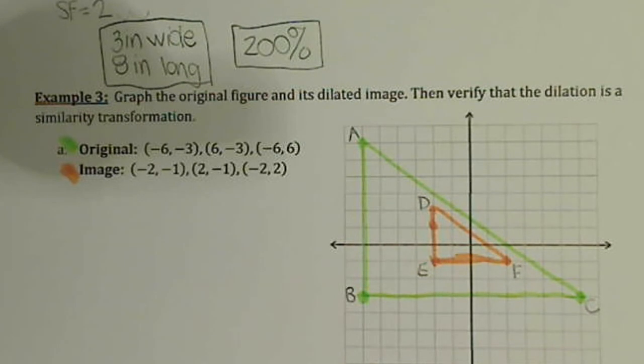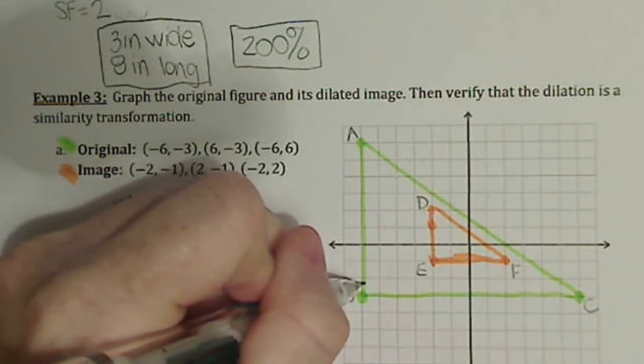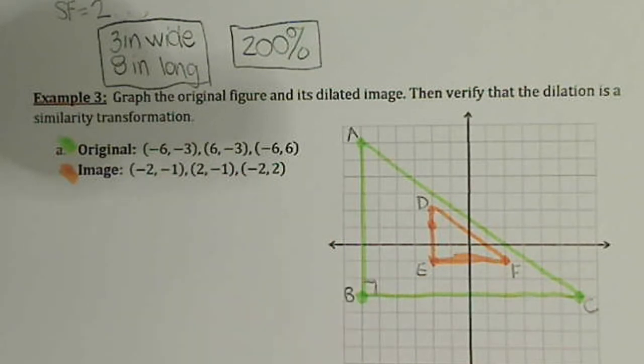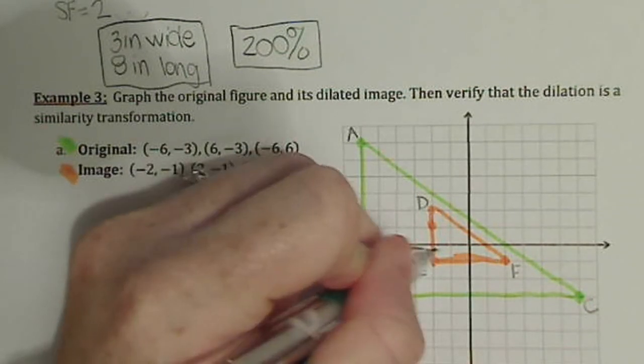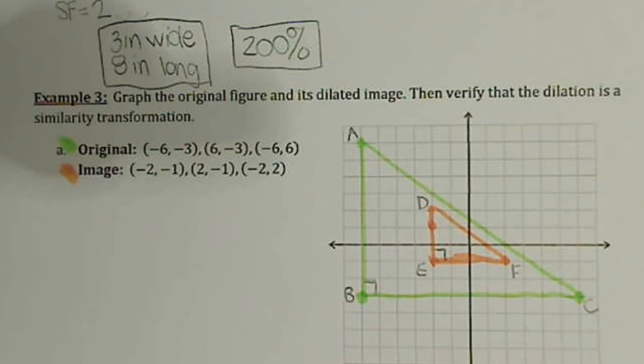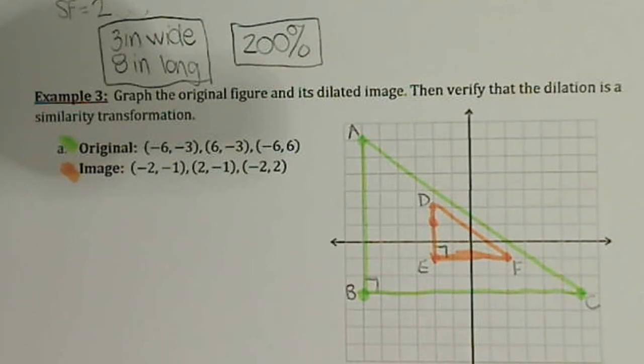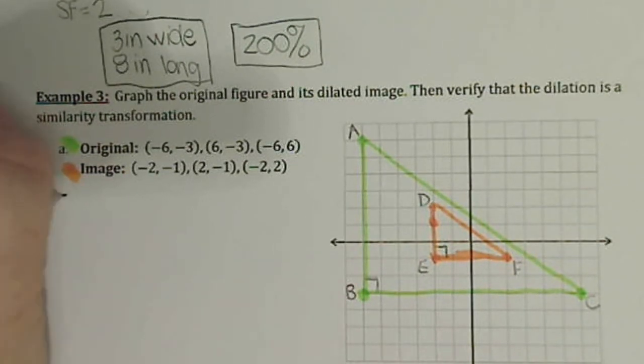So first of all, what would be easiest? I see right here that angle B is a right angle. And I also see angle E is also a right angle. So right there is one thing.